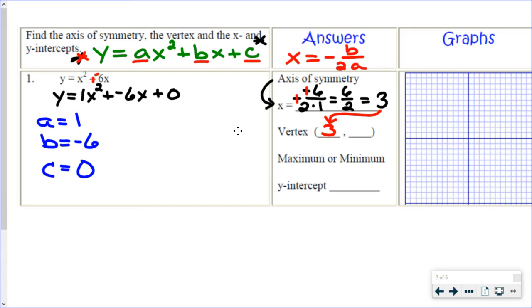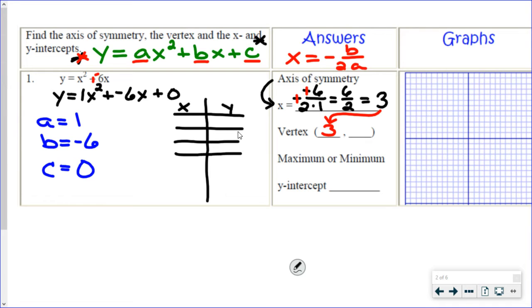Okay. Now, after you do that, you're going to make an XY table. So everybody make an XY table, and you need 5 slots. So take a minute and make those XY tables. That's going to happen for all of these problems.